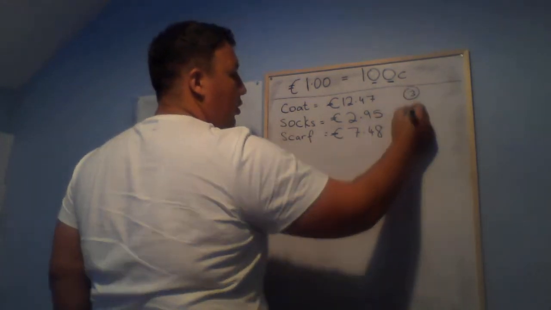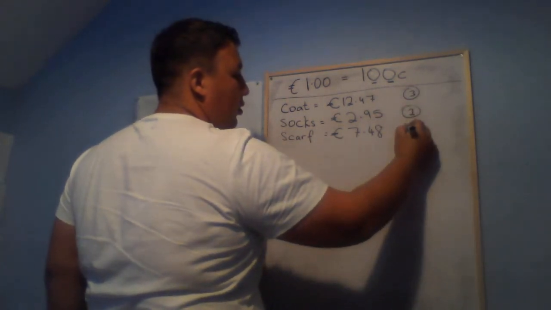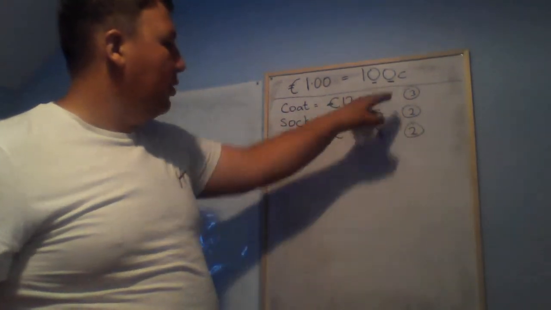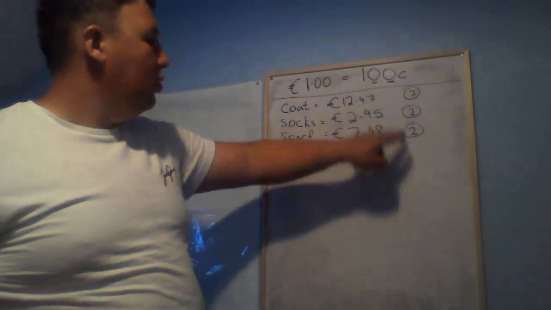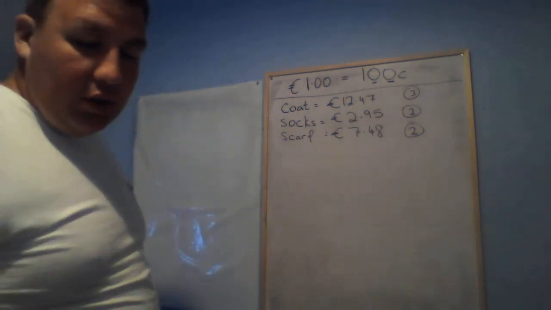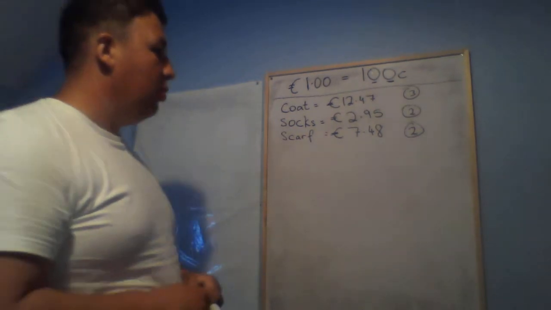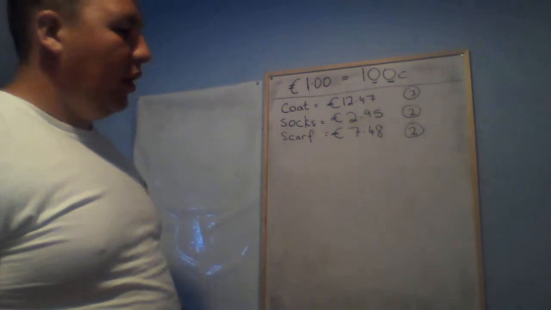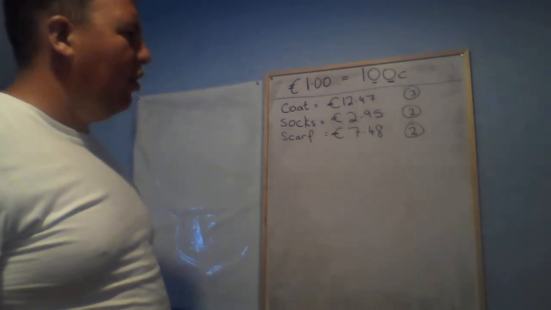I'm just writing this: 3 coats, 2 pairs of socks, and 2 scarves. So this is now working on multiplication. Again, it's important that we keep everything in line.